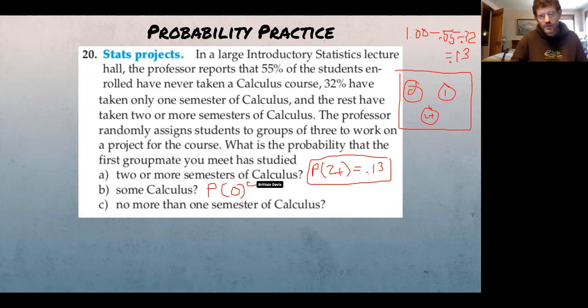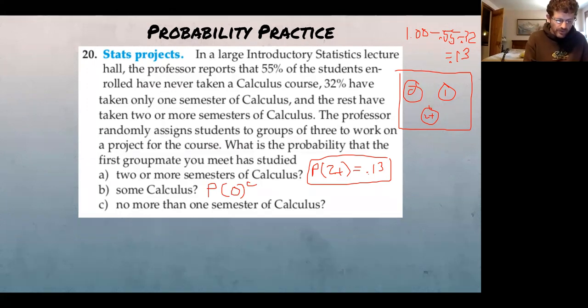A way of saying that is the complement of 0. I don't care if it's 1, 2, or more. So the complement of 0 is 1 minus the probability of 0. I know the probability of 0 is 0.55, so 1 minus 0.55 gives me 0.45.